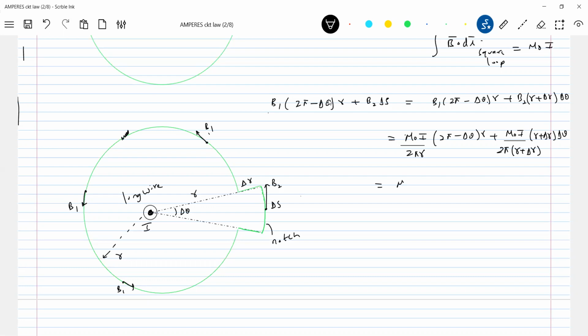So mu naught I 2r 2 pi r minus mu naught I delta theta r 2 pi r. Mu naught I r plus r, that cancels. So therefore this will be r plus delta r, numerator denominator get cancelled. So mu naught delta theta by 2 pi r.